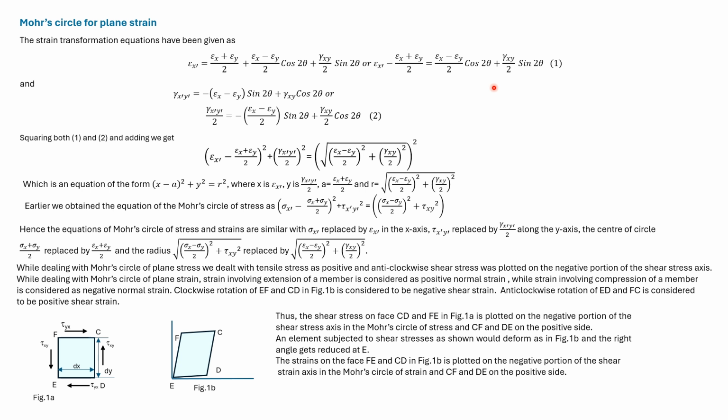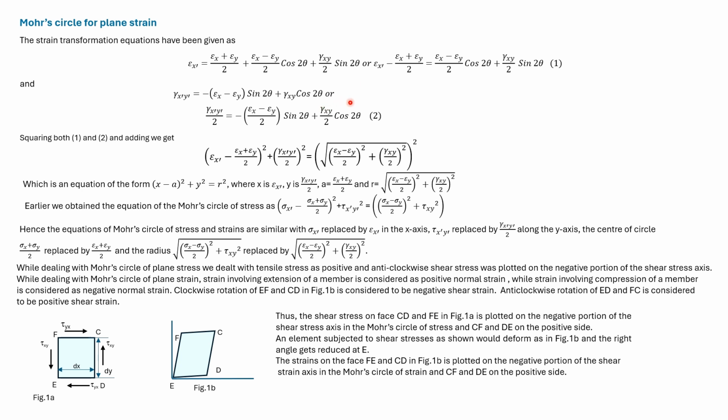Let us now look at the sign conventions used. If there's an increase in length of a side of an element, then the normal strain is considered positive. If there's a decrease in length of a side of an element, then the normal strain is considered negative.